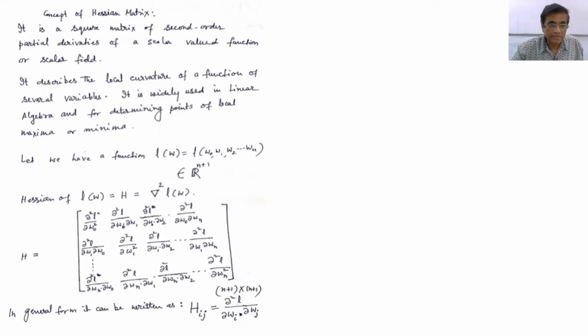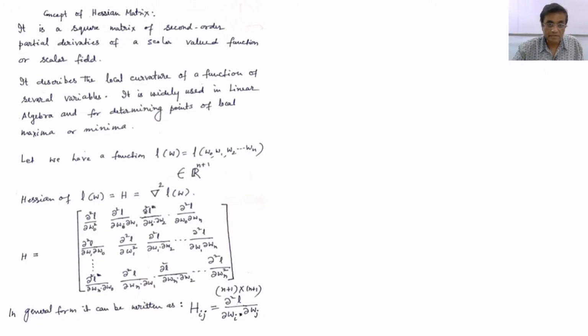This is the second order partial derivative of L with respect to the parameter, del square L, del W0 square. Then del square L, del W0 del W1, so with respect to W0 you are differentiating the entire row. If you have n plus 1 parameters, there will be n plus 1 columns. This is the first row.